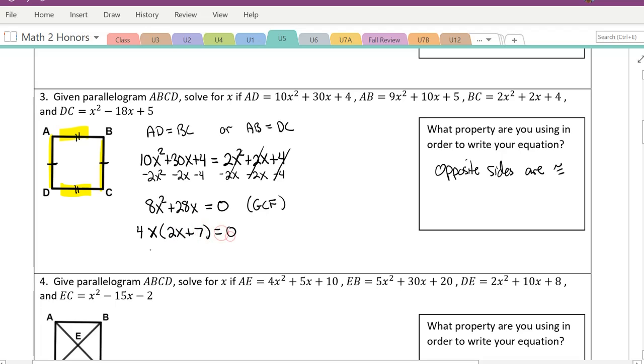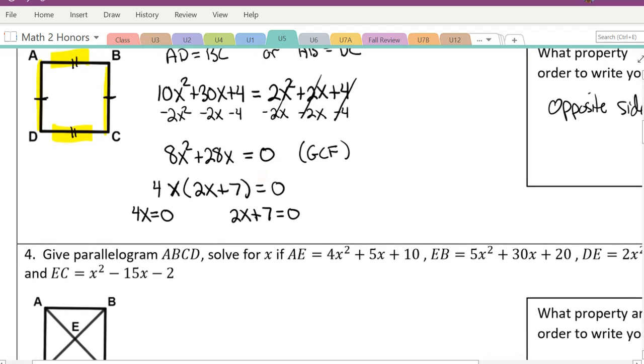And then once you're done factoring, you split up your factors, so 4x is one of my factors, and set that equal to 0, and 2x plus 7, set that equal to 0, and then you solve each one for x. So I divide by 4 here, and I get x is equal to 0. I'm running out of space here, so x is 0 is one of my answers.